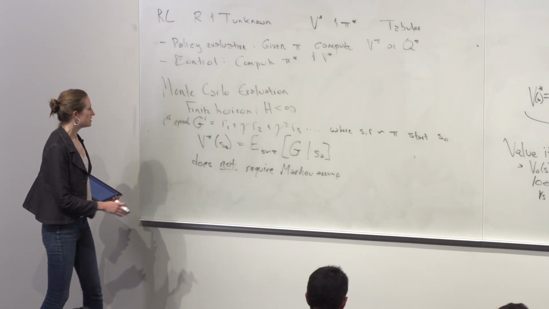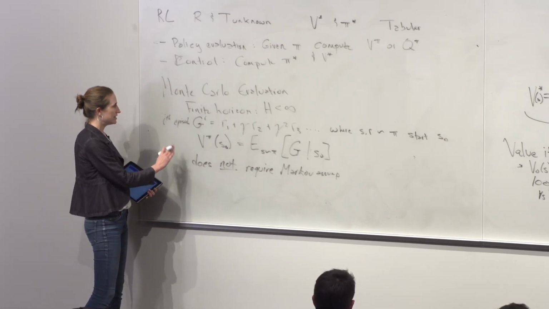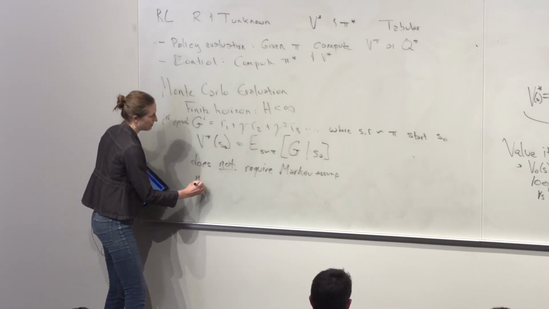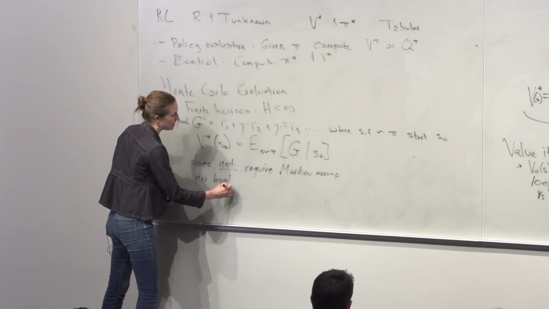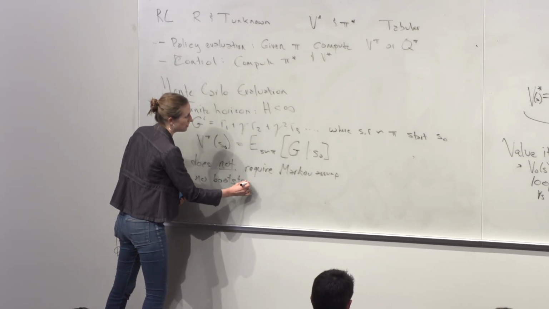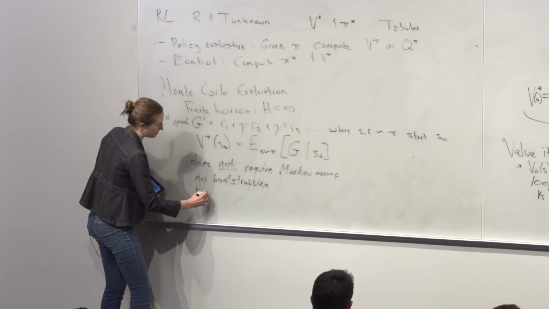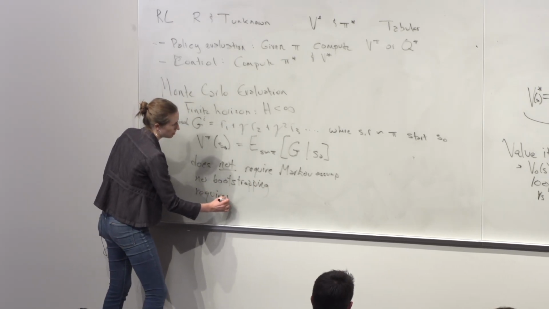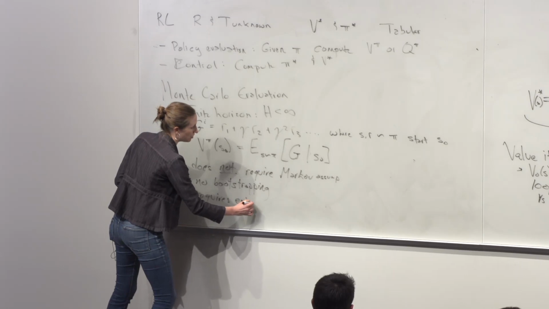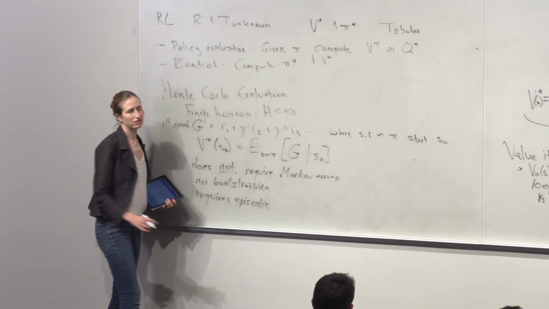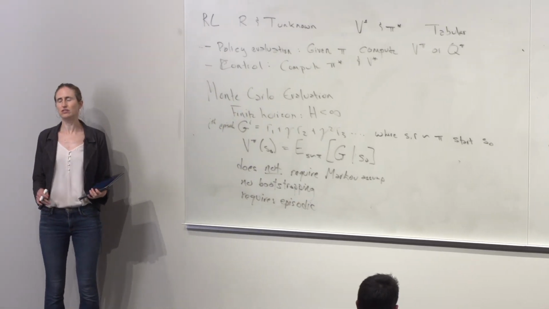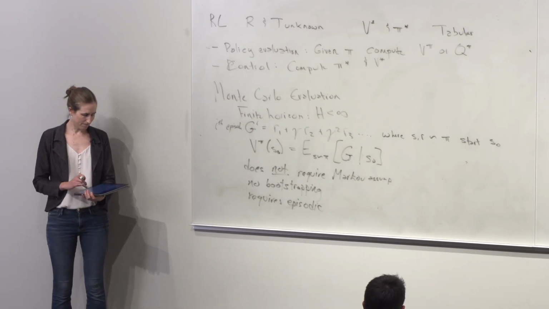So this does not require the Markov assumption, and it doesn't do any bootstrapping. We're not substituting in an estimate of the value function for later states. And it requires episodic. If you just have a single trajectory or a single episode, you can't do this because you have to wait till the end.